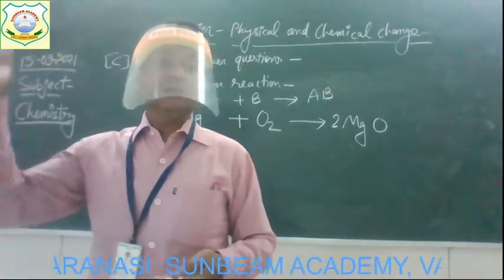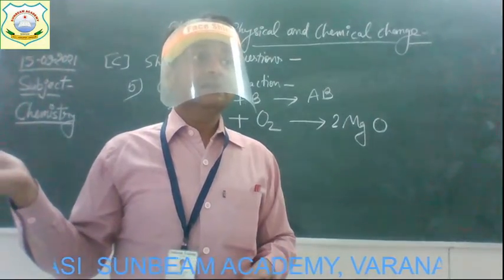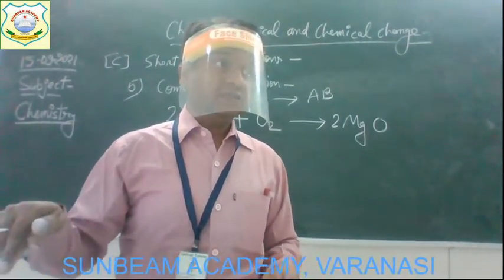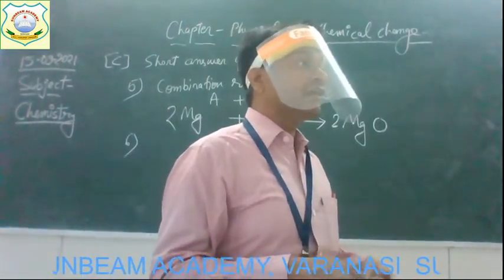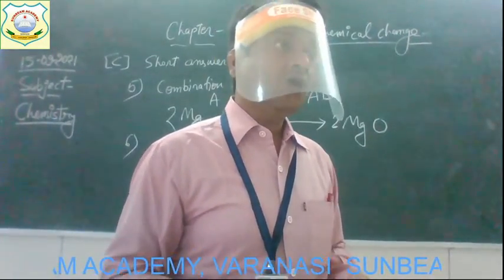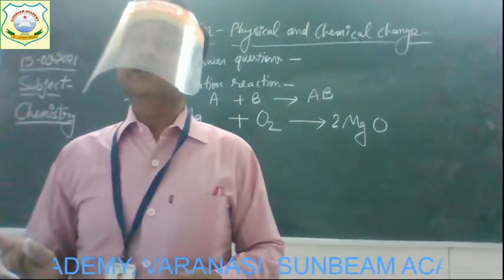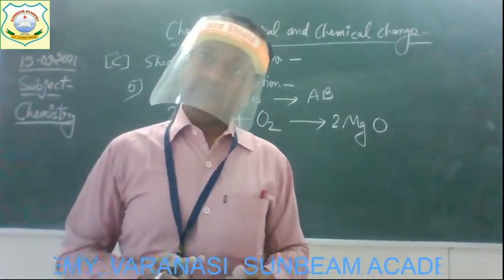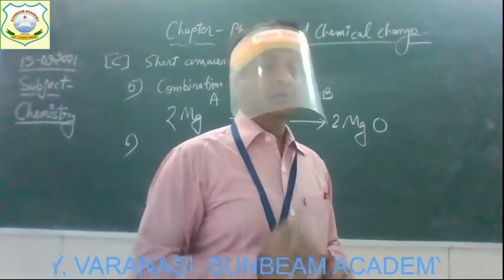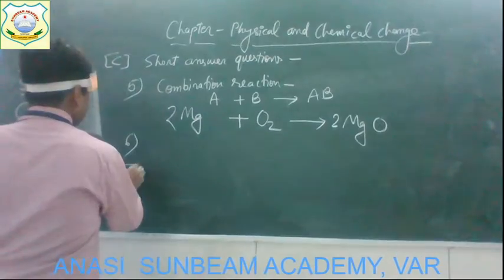Then it will be considered as oxidized. But in the question it was asked when it is termed as reduced, so when oxygen is lost or hydrogen is added, the substance is termed as reduced. Understood everyone?